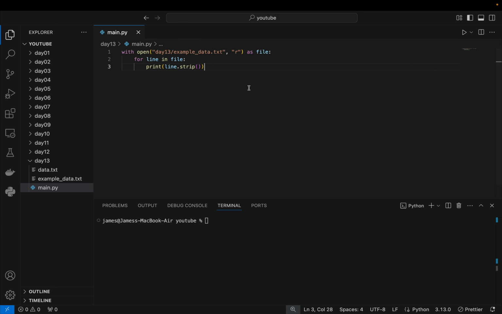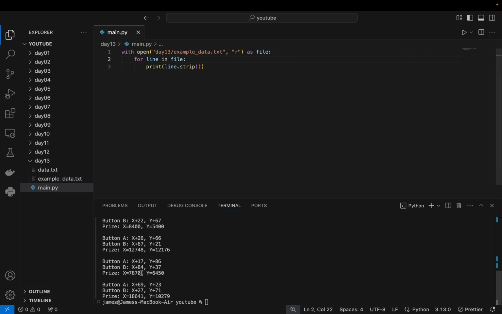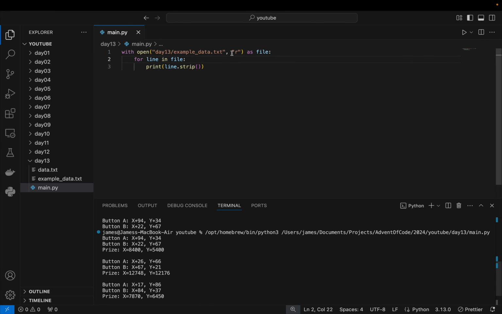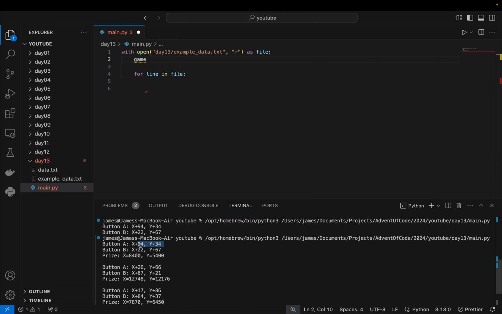Okay, so moving over to the code, all I've done here is just read in, and I'll try to be a little bit snappier with the reading in function here, because the real meat of it is past this. So what I decided to do, I said for each of the lines, I want to make a game out of it, and this game is going to be this tuple, and this tuple as a list.